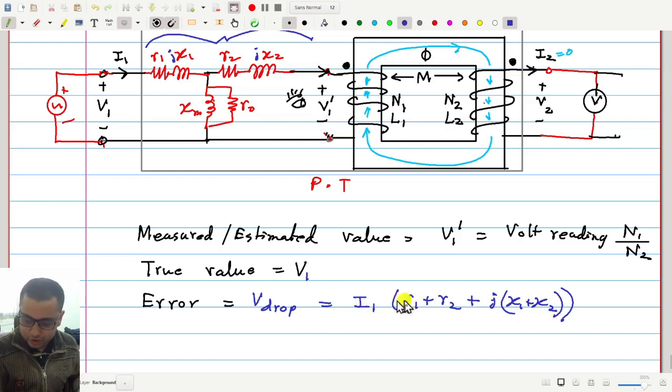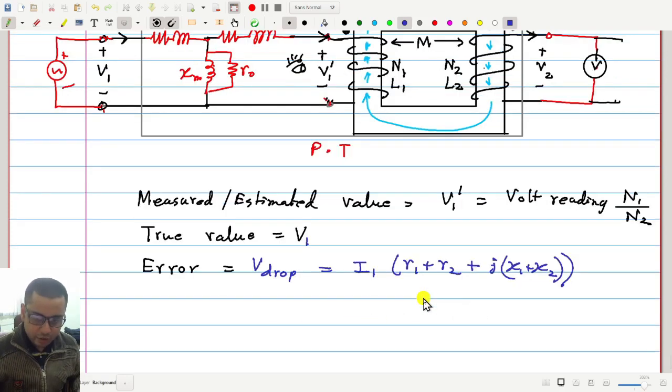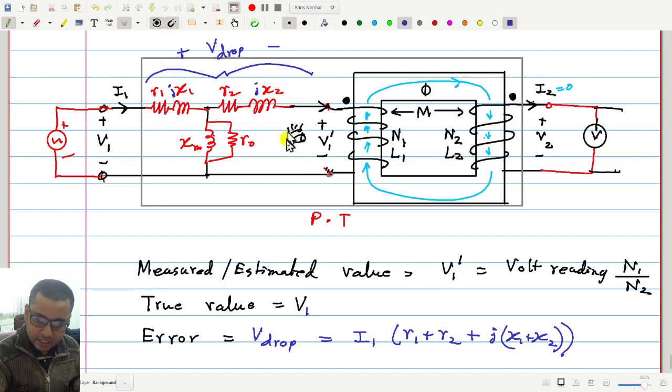So this is the drop. Now I will draw some phasor diagram. And one more thing, the impedance between these 2 points is how much? If the impedance of the meter is Zm, then the impedance as seen between these 2 terminals will be Zm multiplied by A square, where A is N1 by N2.